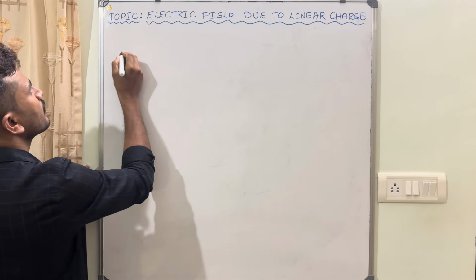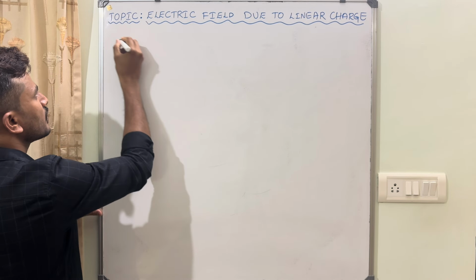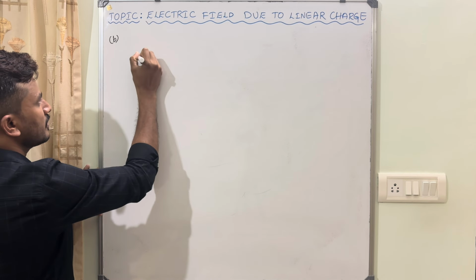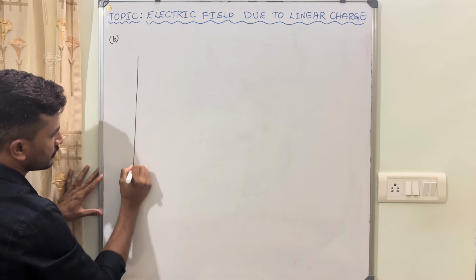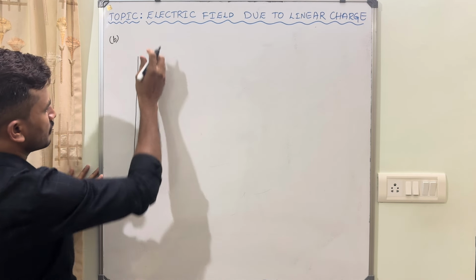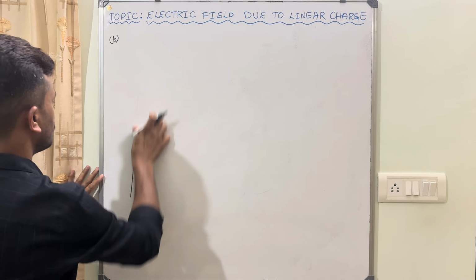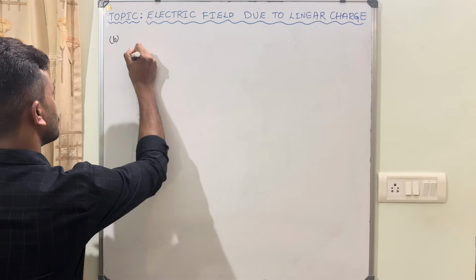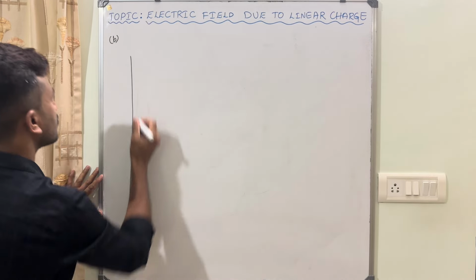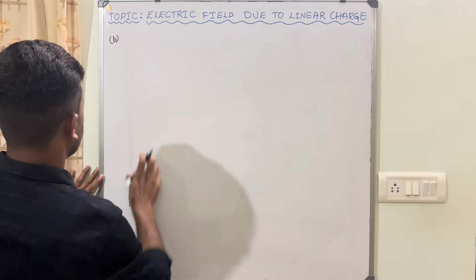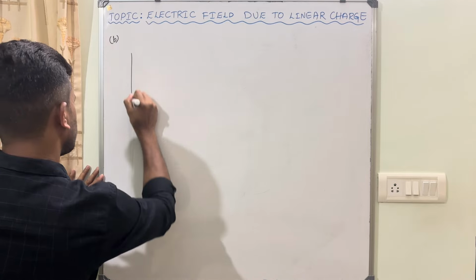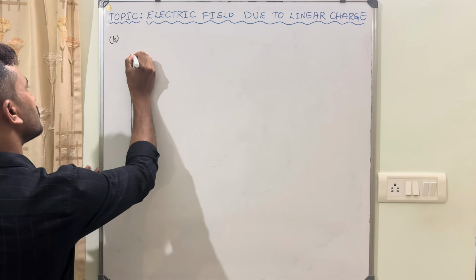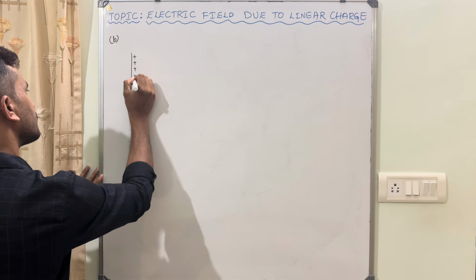Okay, now let's consider this straight wire in this direction, vertically, on which charge is distributed. This is not exactly a straight line. Plus plus plus plus plus.